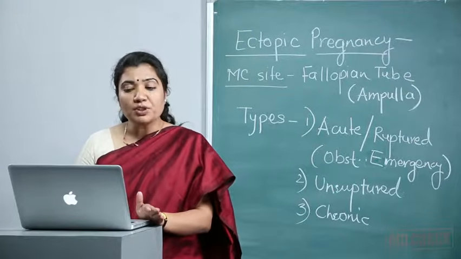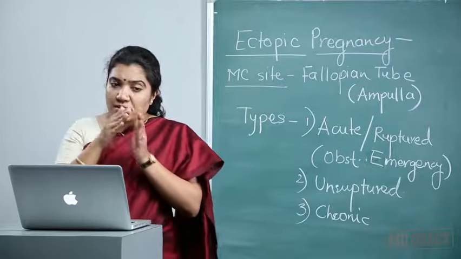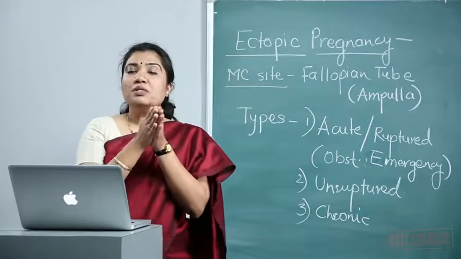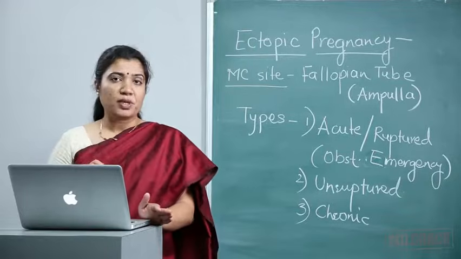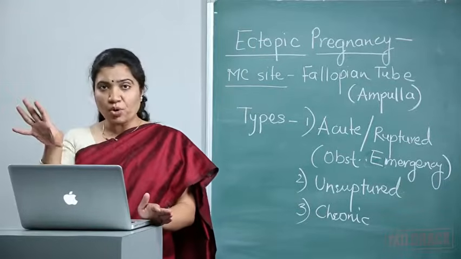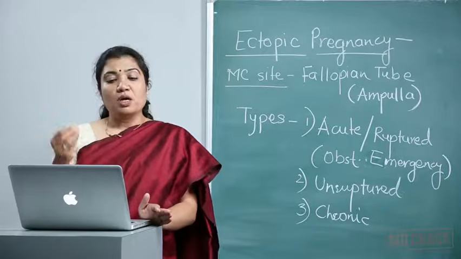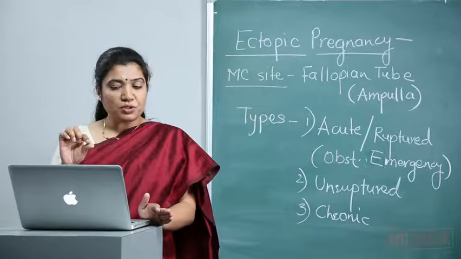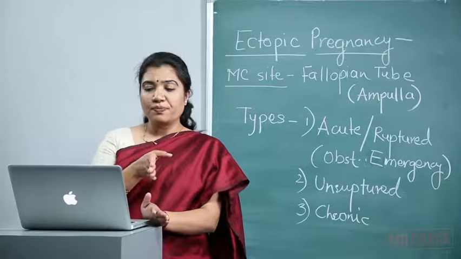And usually the abortion takes place at 8 to 12 weeks because the distensibility of that particular site of fallopian tube can accommodate only that much gestation of ectopic pregnancy. Once it starts going beyond that, then abortion takes place or the tube ruptures. Isthmic portion is the narrowest portion, so the rupture occurs much earlier, 6 to 8 weeks.